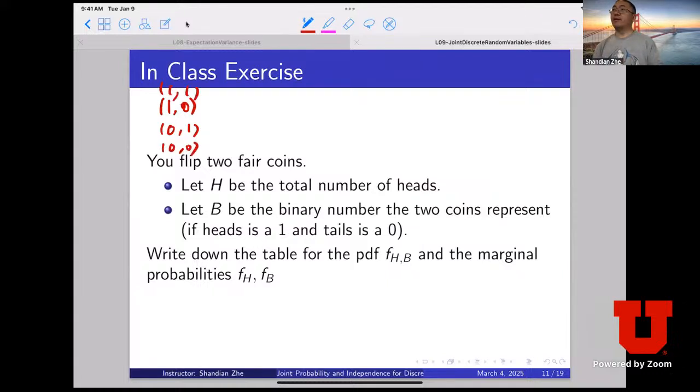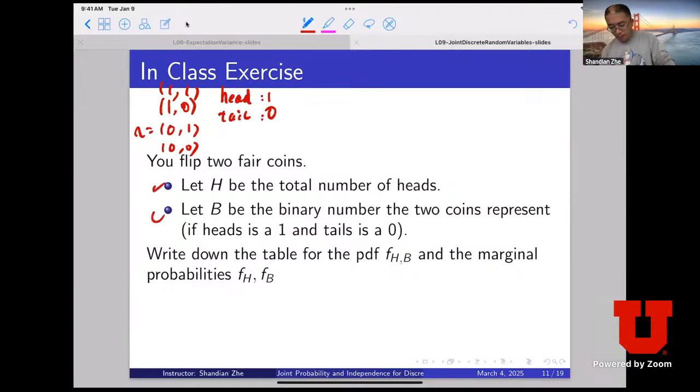That's the sample space. Of course, here 1 represents heads, and 0 represents tails. Maybe I should write more clearly. Head, tail.